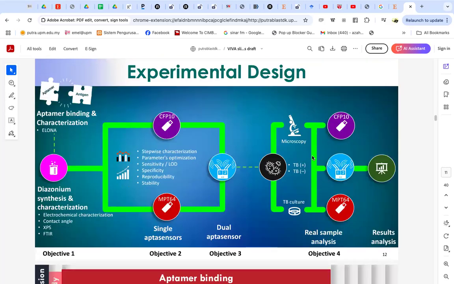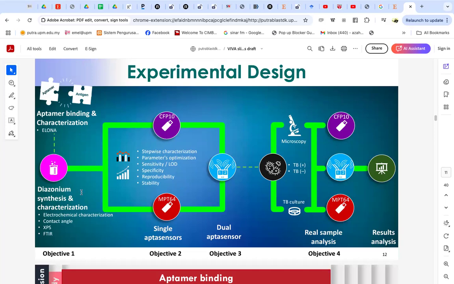So this is where the important things happen. You need to incorporate the typical characterization of the sensor. So these words, like what I have discussed just now, the sensitivity, the specificity, reproducibility, stability, have to be checked and studied. But before that, in this project, the electrode used was embedded with a salt called diazonium. Why do we need to embed this?